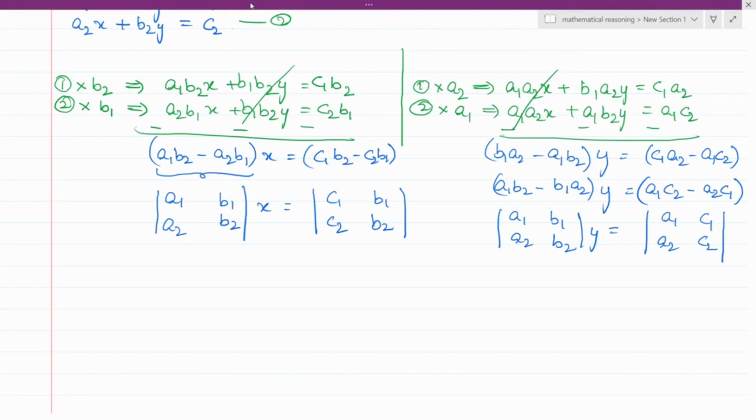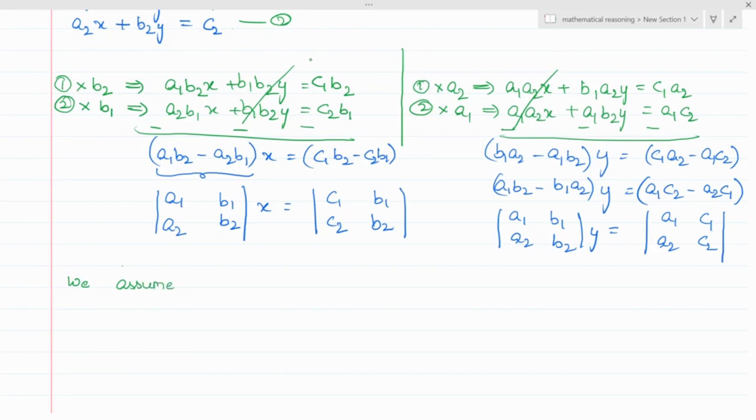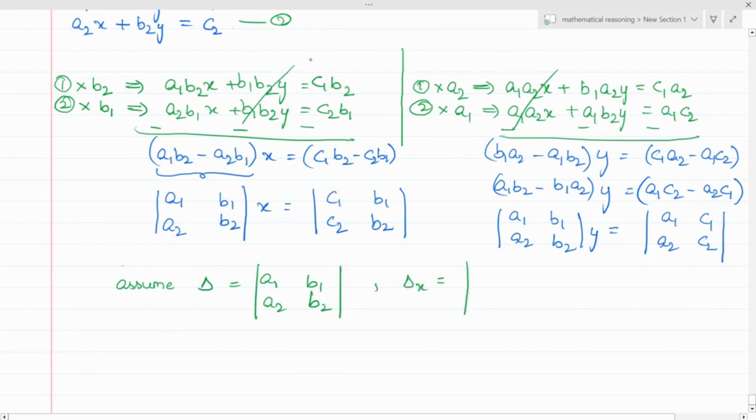So here we'll assume delta as the determinant of a1, b1, a2, b2, and delta x. What is meant by delta x is, here the x coefficients are eliminated and instead of that we got the constants, c1 and c2.